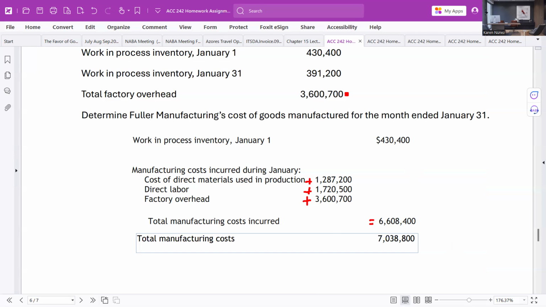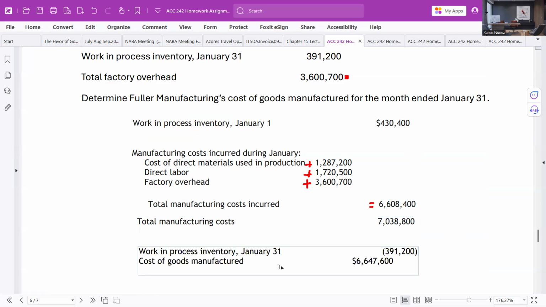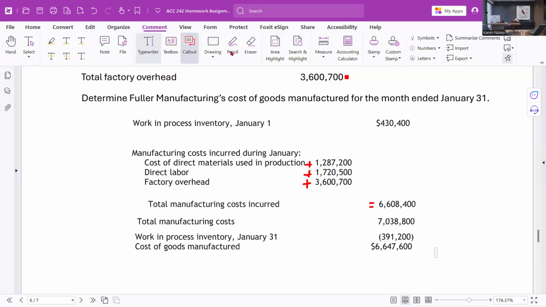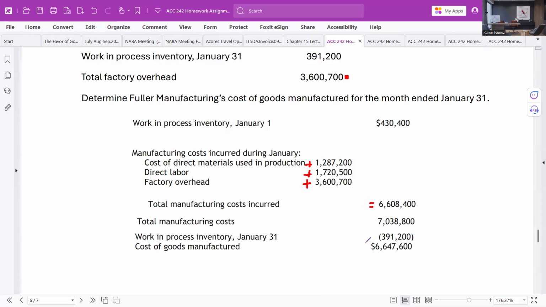And now all we're going to do is subtract what we have at the end. And that will leave us with the cost of goods manufactured. So let me highlight this a little bit.